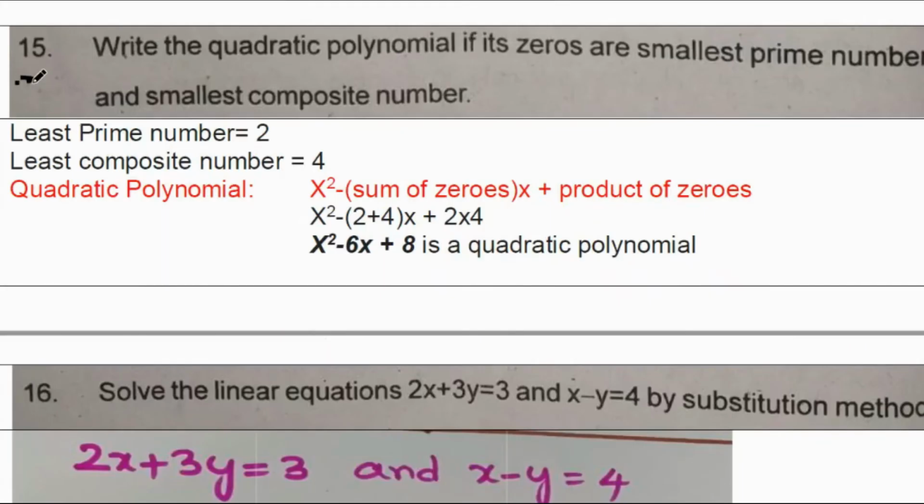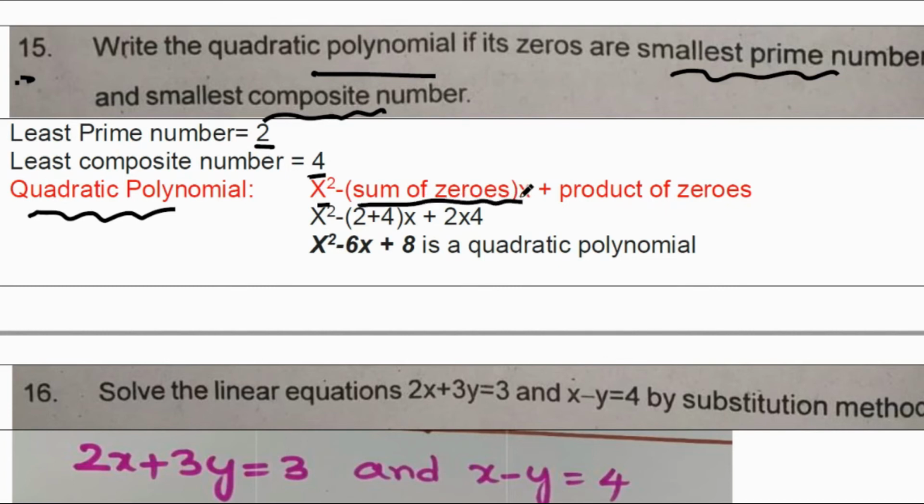15th question. Write the quadratic polynomial if its zeros are the smallest prime number and smallest composite number. Students, smallest prime number is 2 and the least composite number is 4. We know the quadratic polynomial formula x square minus sum of zeros into x plus product of zeros.